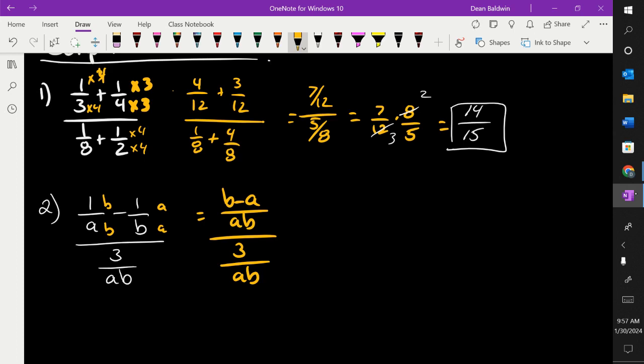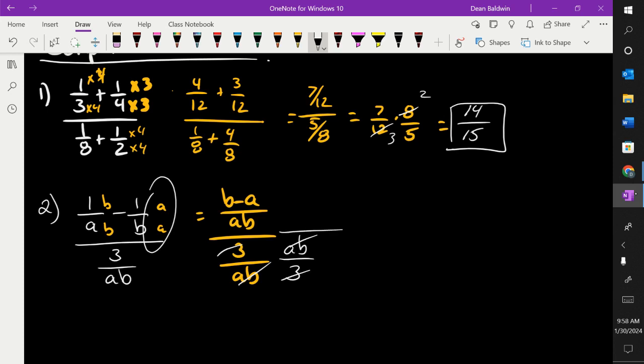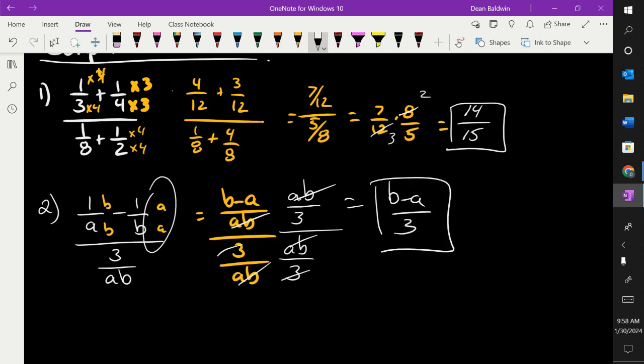So we want to clear this one. So what we do is we multiply by its reciprocal. The reciprocal would be AB over 3, right? Because then those all cancel. But same rule, we multiply by AB over AB here. So what I do to the denominator, I have to do to the numerator, which is essentially just flipping and multiplying. That's why you do it. The AB's cancel, and you get B minus A over 3.